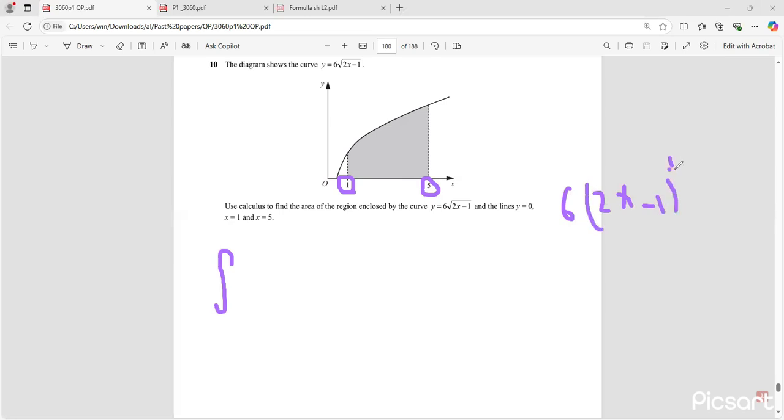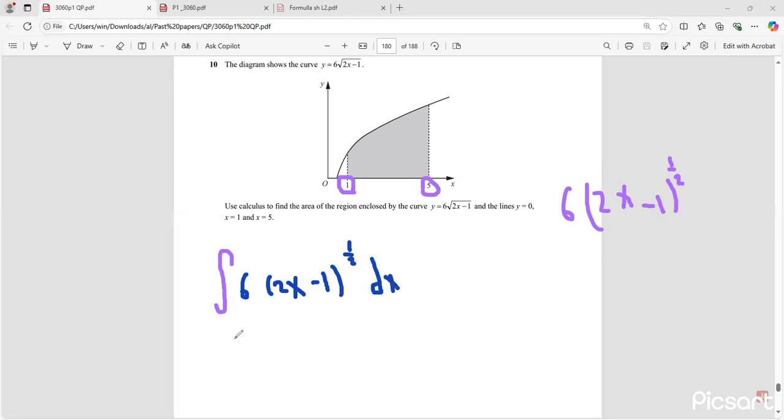Okay. So now we're going to make the power plus 1. So 6 times 2x minus 1 all to the power half dx.